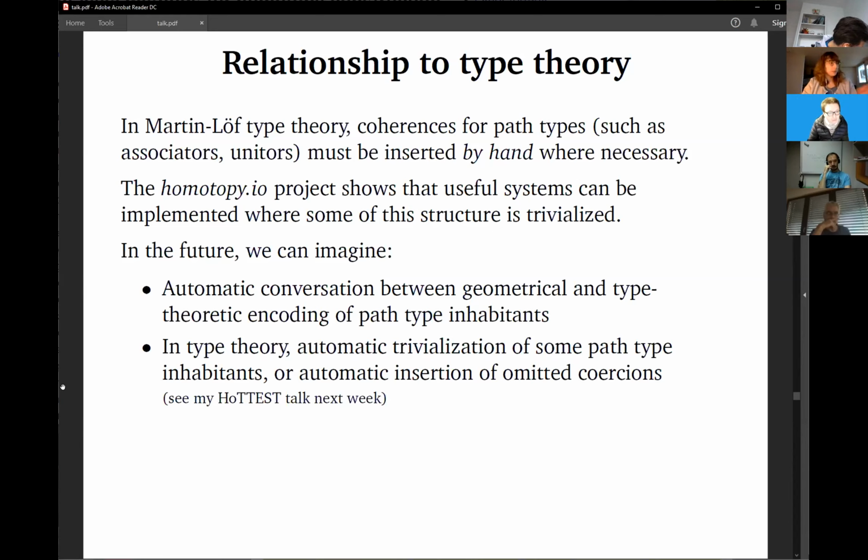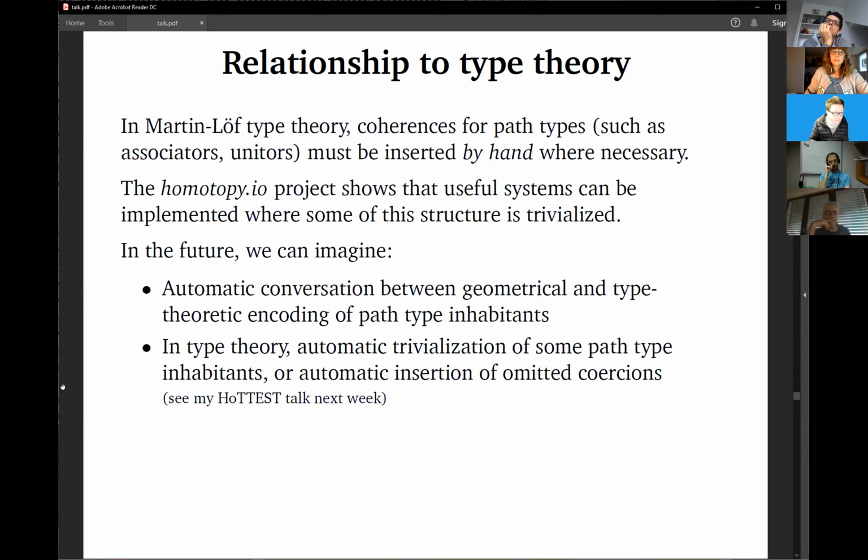Then couldn't we imagine a system which under the hood is able to trivialize, or recognize as trivial, some part of the path type and say, okay, up to this amount of trivialization that I'm able to perceive, we can treat B as in fact definitionally equivalent to B prime, and the type theory could then allow you to compose these functions.